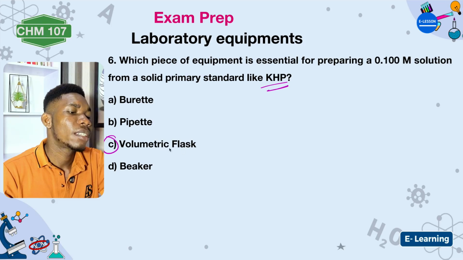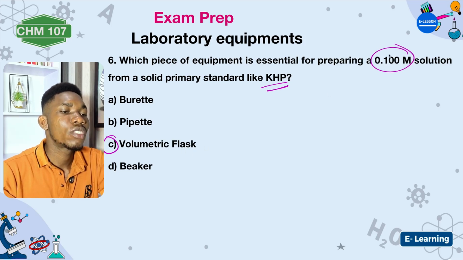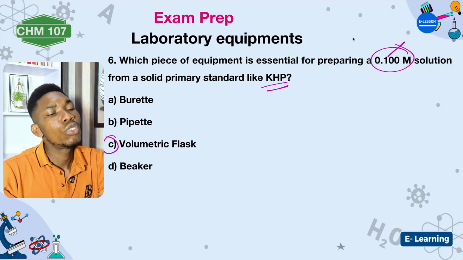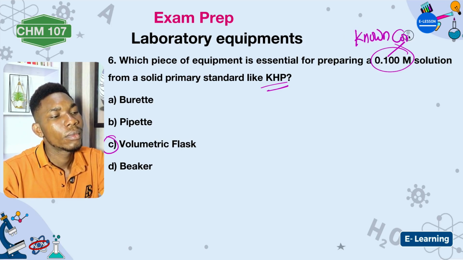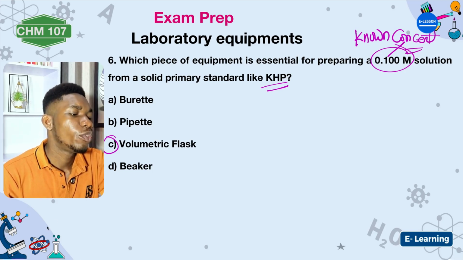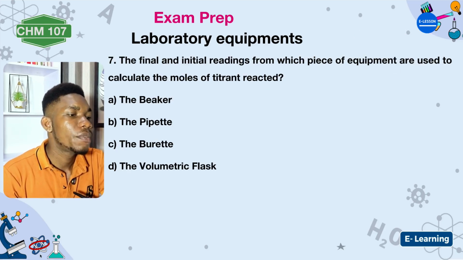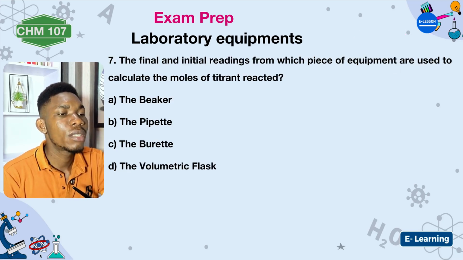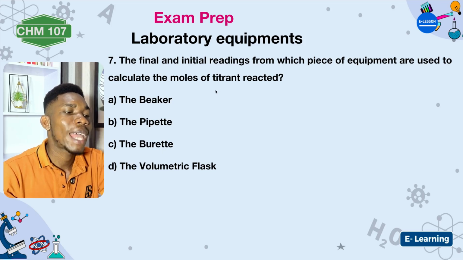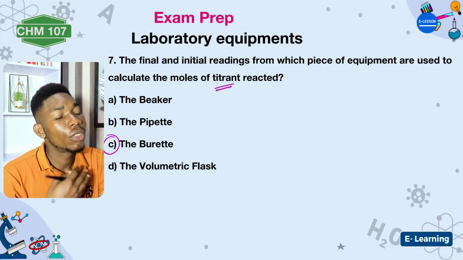It is a volumetric flask. Volumetric flask is used to prepare solution of known concentration, or for dilution. The final and initial readings from which piece of equipment are used to calculate moles of titrant reacted? Burette. Final and initial reading of your burette.